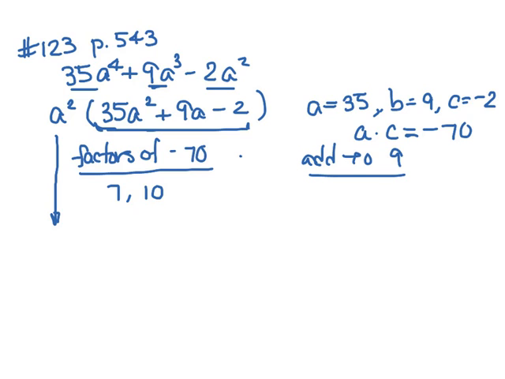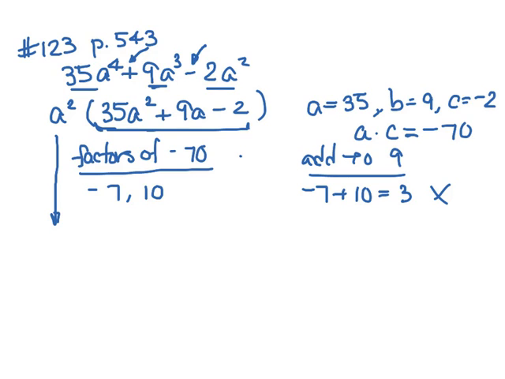Now again, from our original problem here, we have a minus. That tells us that our factors are going to be two different signs. So one's going to be positive, one's going to be negative. And the positive sign here tells us that the larger one's going to be positive. So let's try negative 7, positive 10. Well, does negative 7 plus 10 add up to 9? No, it adds up to 3. So that doesn't work.